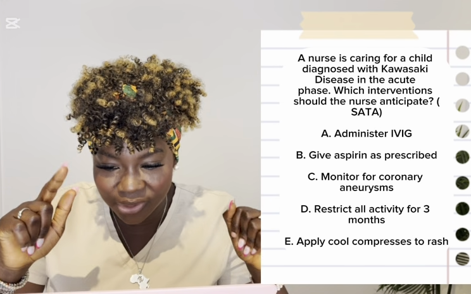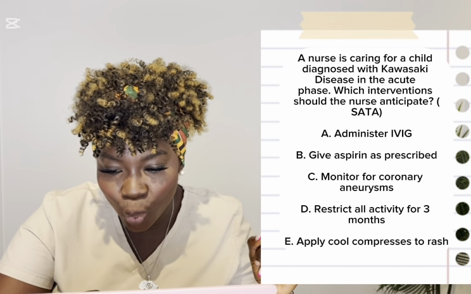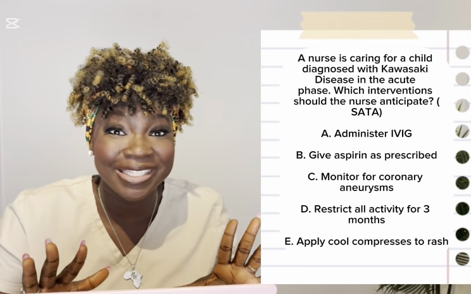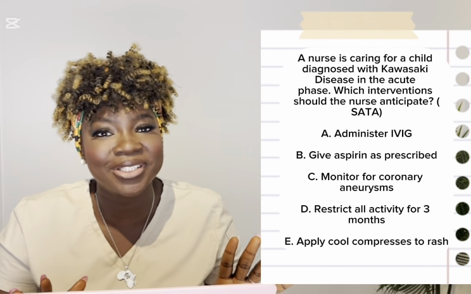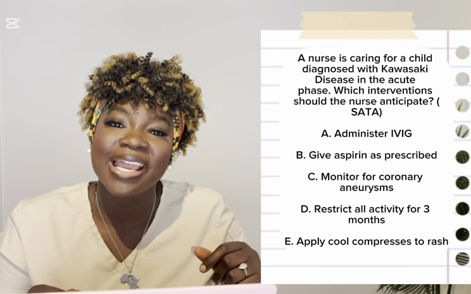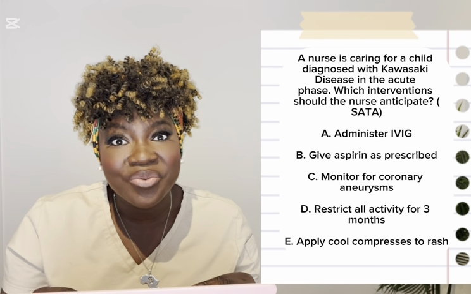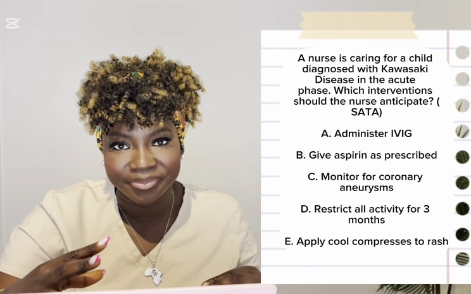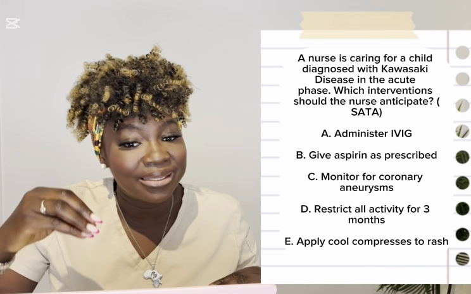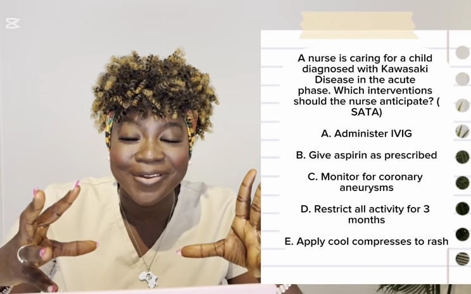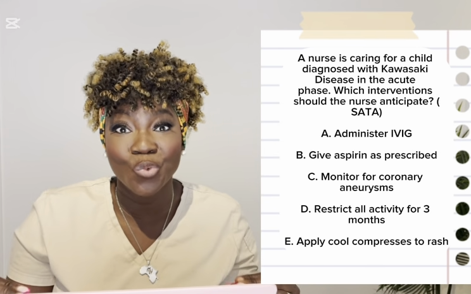Now in acute phase, because this question is asking about Kawasaki disease in acute phase, let me tell you, Kawasaki disease is very interesting for it to have 3 phases. In acute phase, the child will experience high-grade fever, 38 upward, and this fever will last between 1 to 2 weeks.